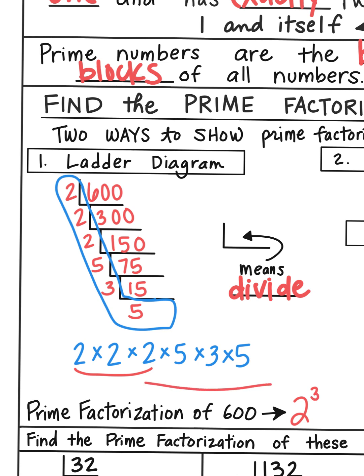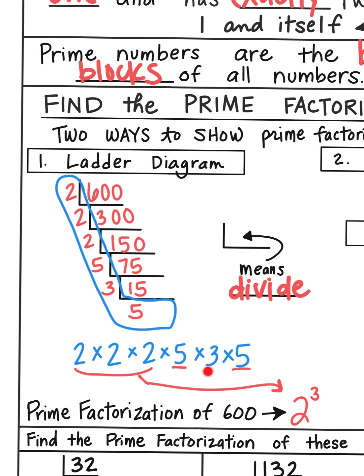I'm going to draw a little arrow so y'all know where I got that from. I have 2 5's, but I'm going to show you something because I want you to get in the habit of writing it in the correct order. These numbers here are all considered my base numbers when I go to write them in exponential format. So I want to make sure my base numbers are in numerical order.